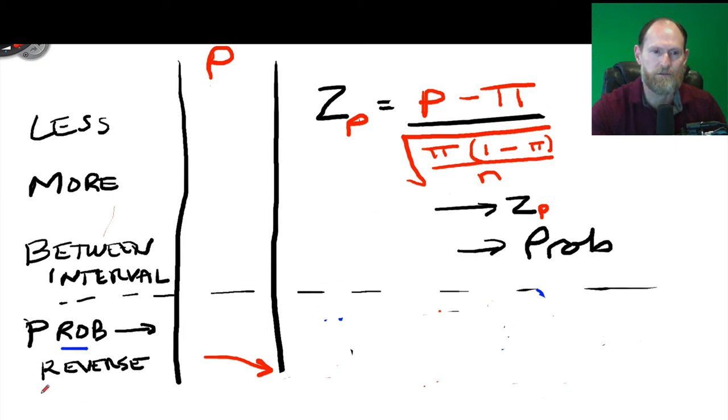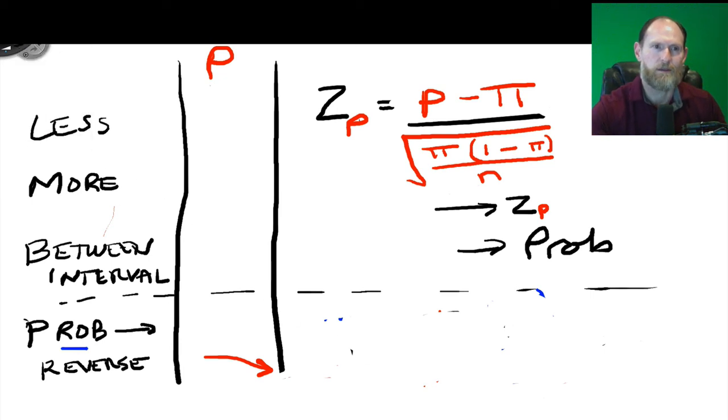Now, to do the reverse, in other words, given a probability, what would the corresponding sample proportion be? Well, we're just going to rewrite this formula here. The process otherwise is the same.